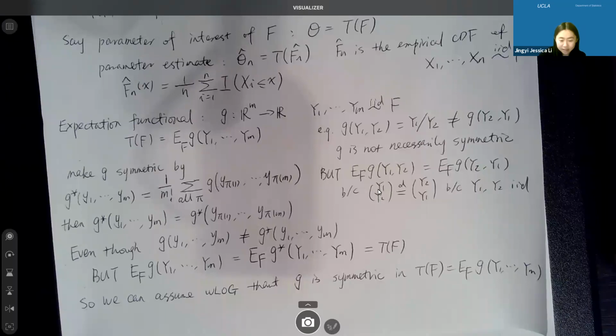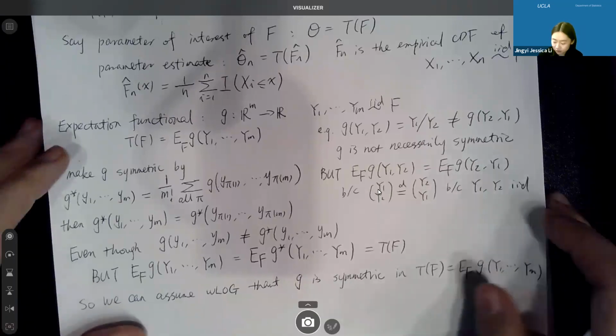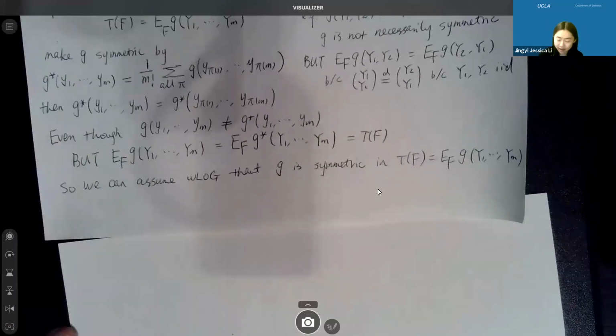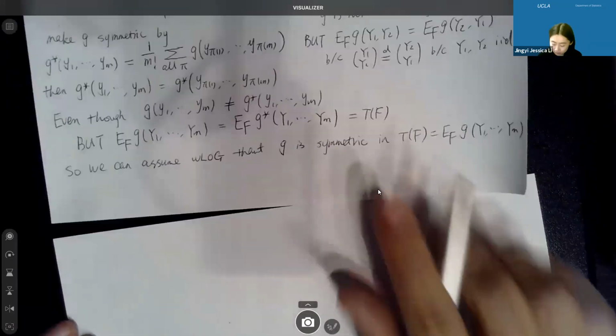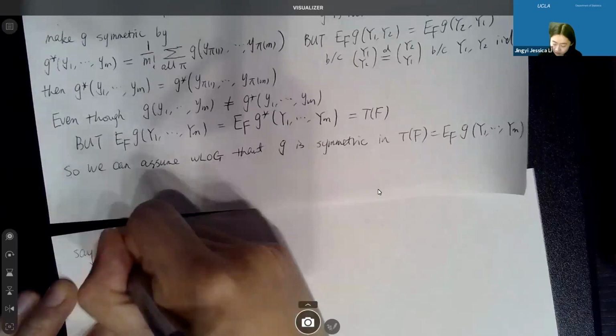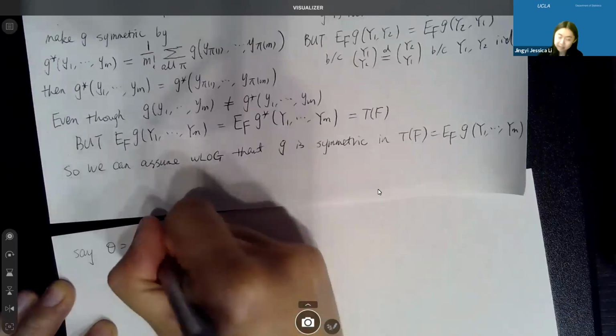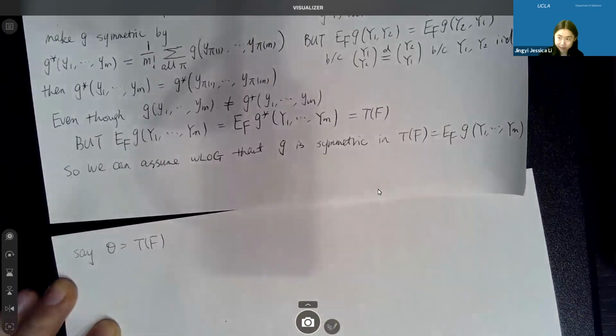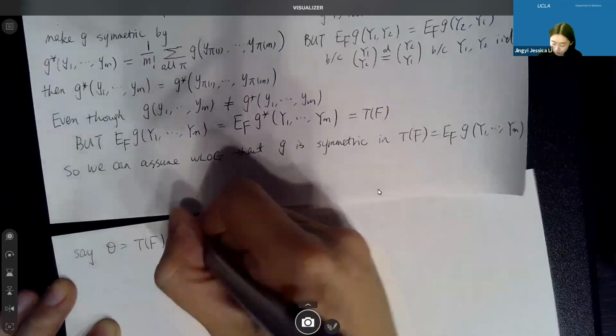Okay, so now let's look at the starting point for doing the plug-in. So let's say that we have an expectation functional as our parameter of interest. Theta is TF and it's an expectation functional.